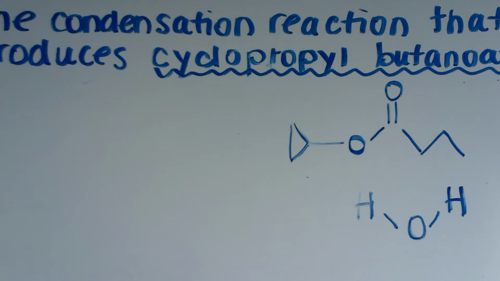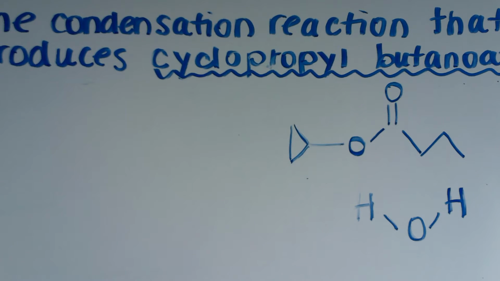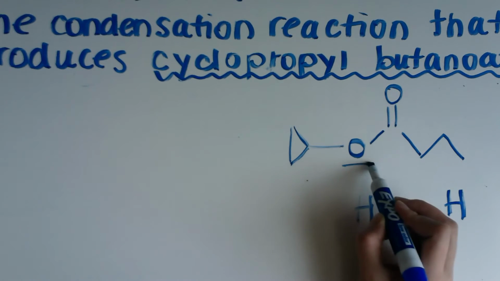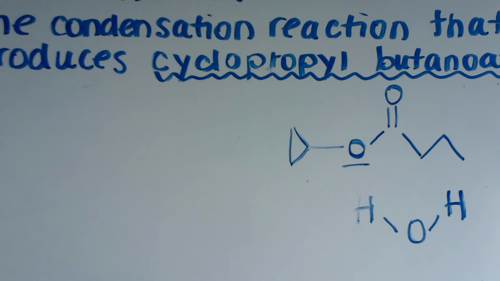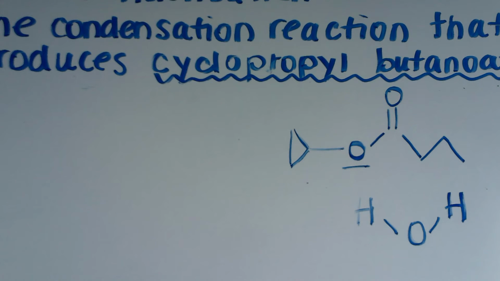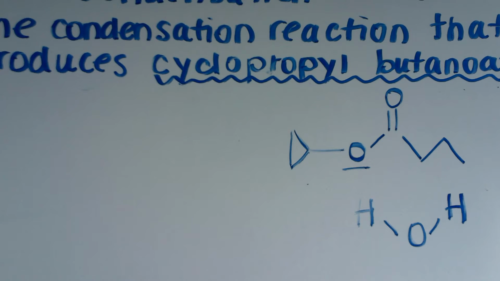So now we're going to take a look at them to work backwards and find out which two reactants produce them. So looking at cyclopropyl butanoate, this oxygen is where the two reactants linked together to produce this product. So from that we can figure out which types of reactants came together.